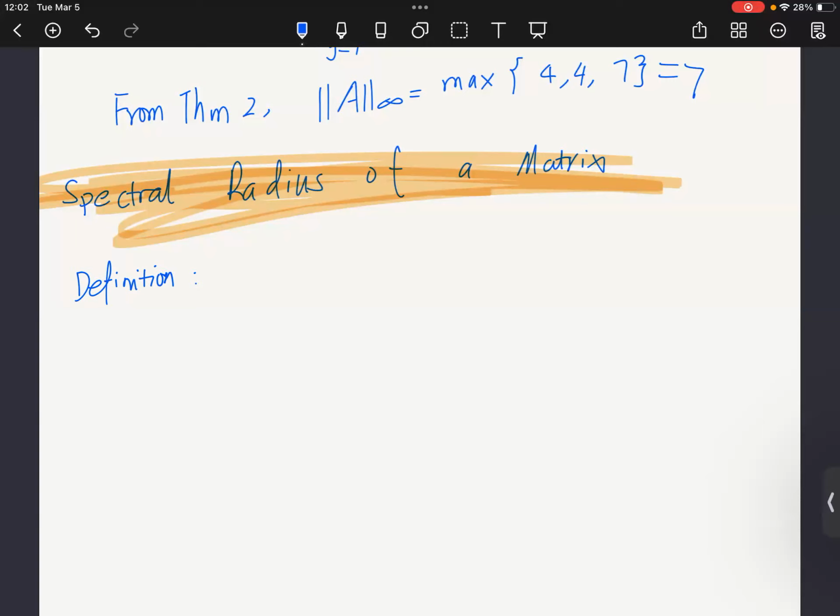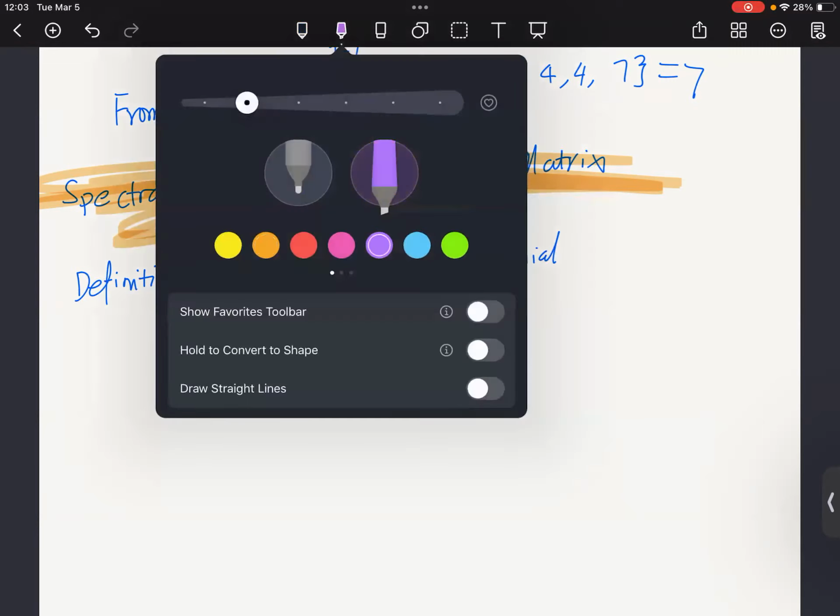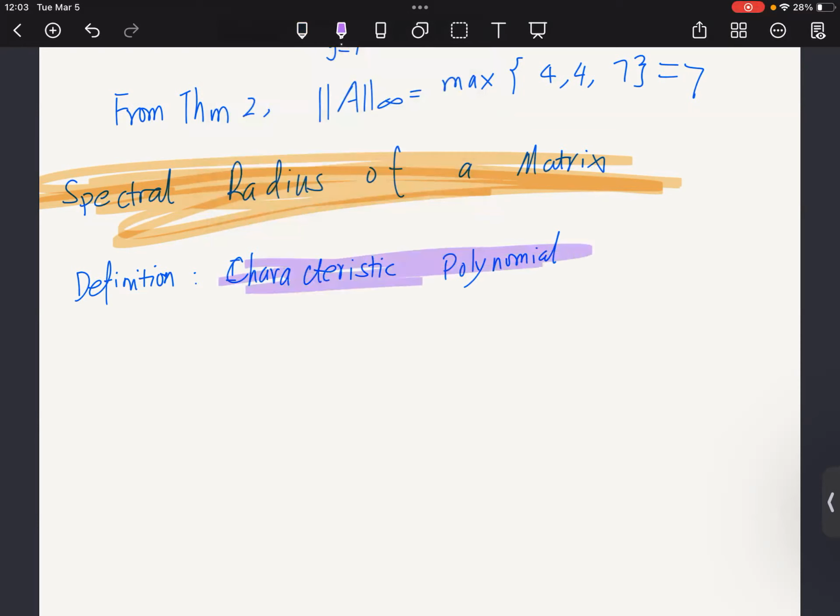So the definition is the characteristic polynomial. This is the definition of the characteristic polynomial of a matrix.